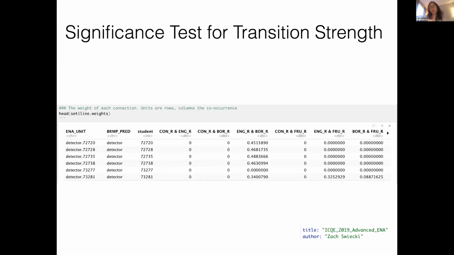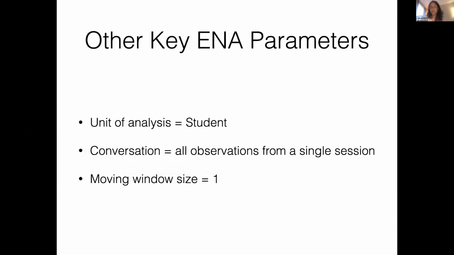RENA allows this. This is also possible in web ENA, but it would require you to go and manually capture line weights for each edge. But with RENA, you can at once download all the line weights for individual units of your epistemic networks. So we used this, a very straightforward way to get the transition strength.